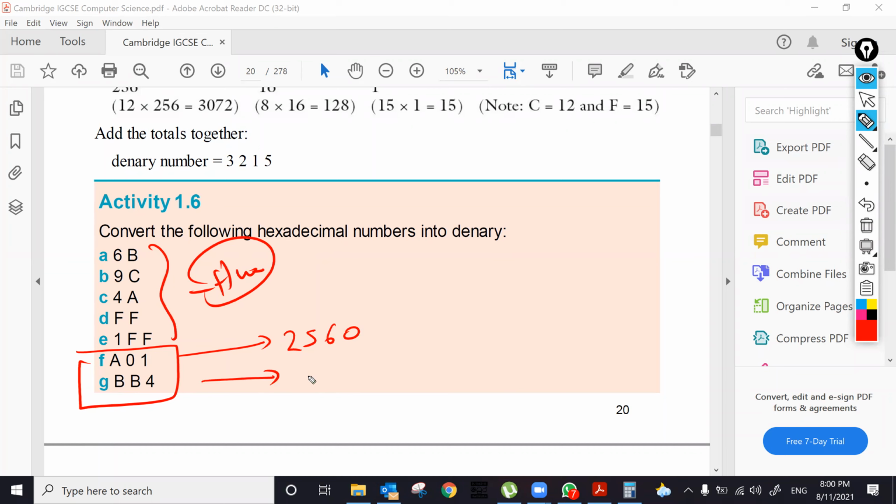Sorry, sir. 2561, sir, for the F1. How about the second, last one? Last one, 2996. Okay. Himesh, did you get these values or different values? Same values. Okay, great.